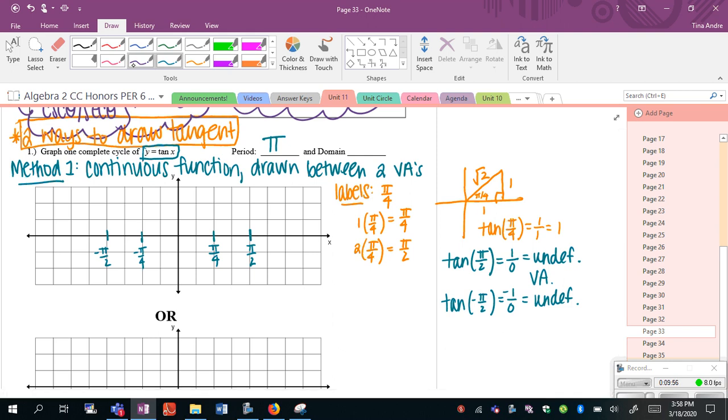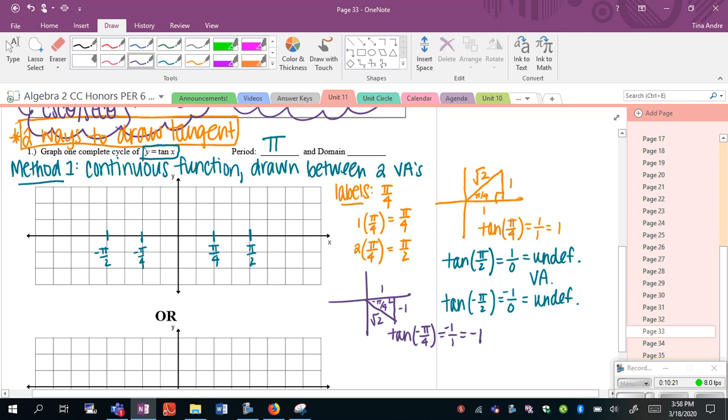So for that one, I need to, again, consider my triangle here. So this is going to be negative pi over 4. So this means it's 1 and negative 1, root 2. So tangent of negative pi over 4 is opposite over adjacent, so negative 1 over 1, so negative 1.